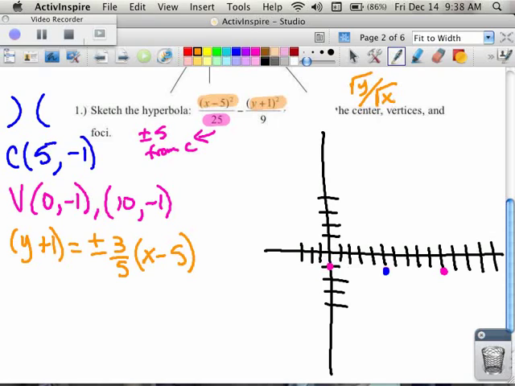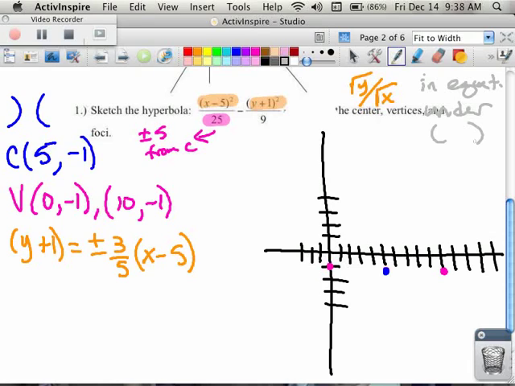And what I mean by that is I'm talking about the equation under the parentheses. So look under the x parentheses. You will see 25. The square root of 25? 5. Under the y parentheses, you will see a 9.